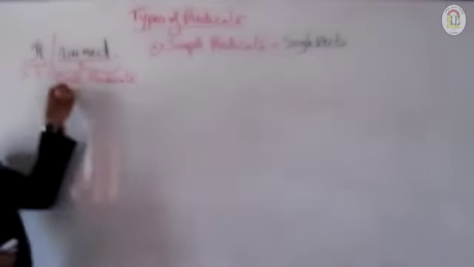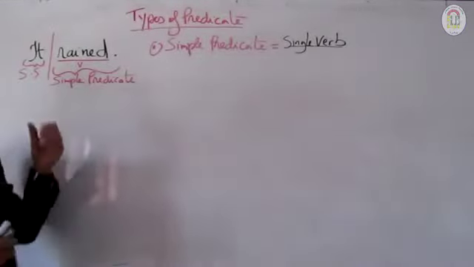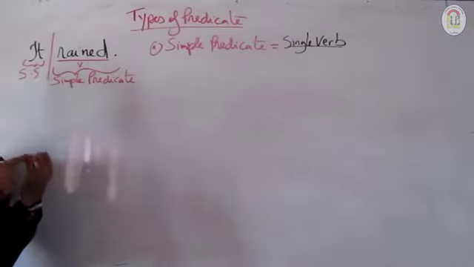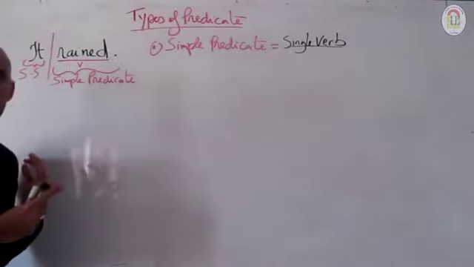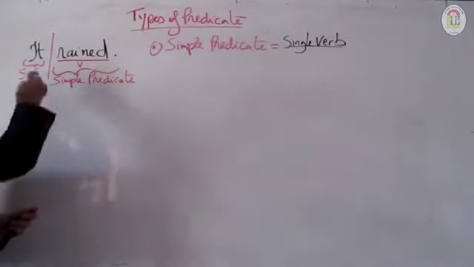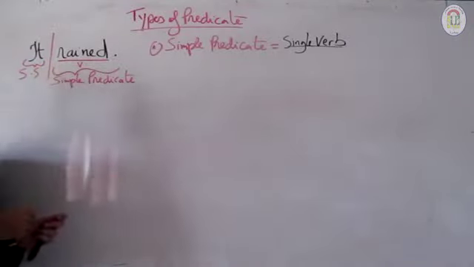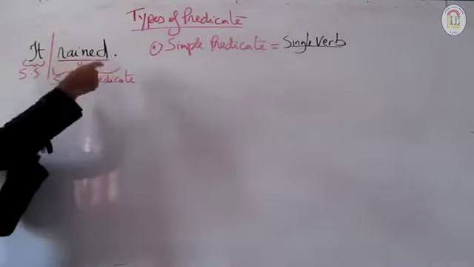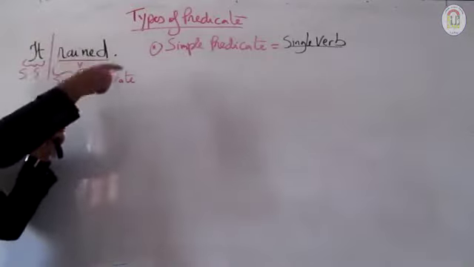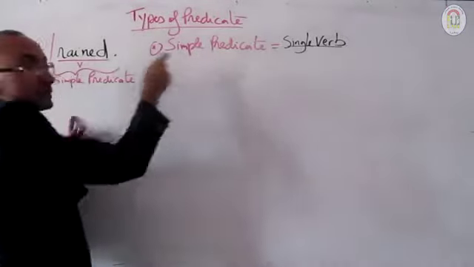Now, be careful. When this verb stands alone in the second major part, we call it, as we said, simple predicate, regardless of its voice and regardless also of its tense. For example, if we have it has rained in the present perfect, has rained also represents one single verb, and it is simple predicate.